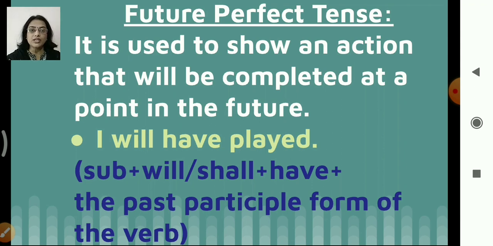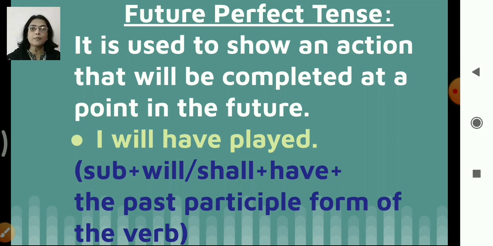Here, which is the verb? Play. What is the past participle? Played. Ed is added. Whenever perfect tenses are there, whether it is present perfect, past perfect, or even this future perfect tense, we are using the past participle.